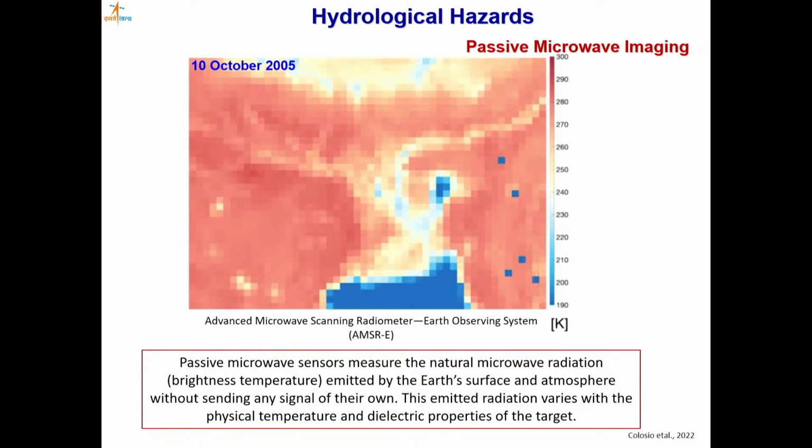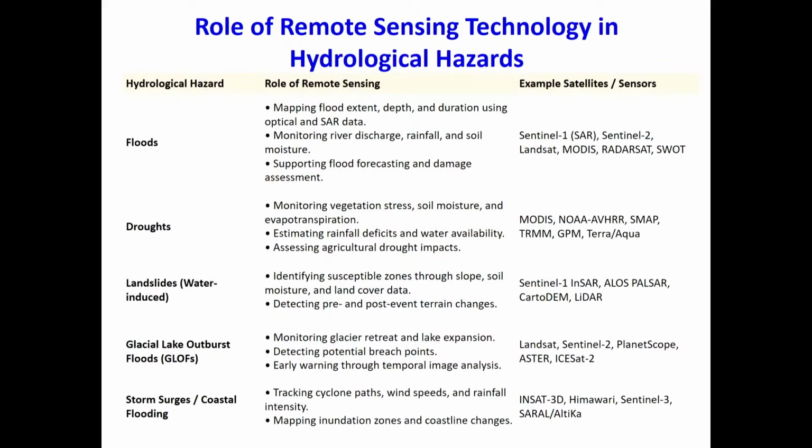The moment the land gets submerged by water, the contrast is captured in terms of a drop in the temperatures, and there are various indexes also where this differentiation can be captured. However, because of the coarse resolution, they are not used actively as compared to your active SAR sensors, which have a better spatial resolution.